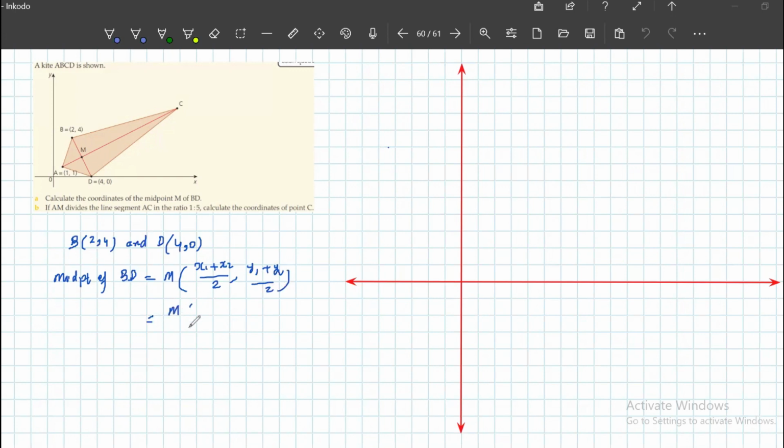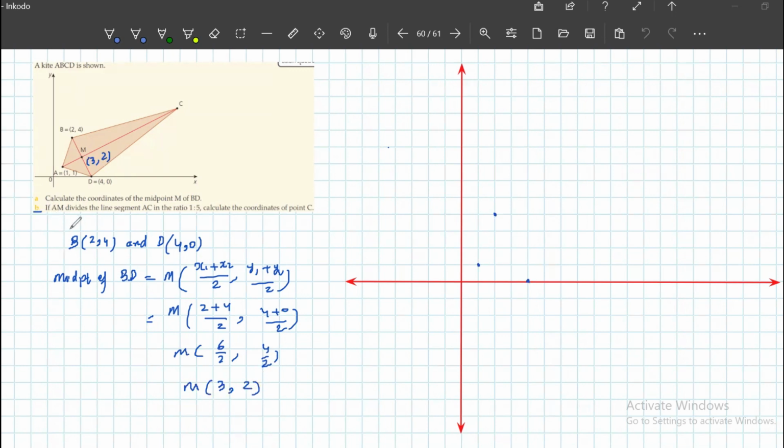So this is equal to 2 plus 4 over 2 and 4 plus 0 over 2, that is 6 over 2, 4 over 2, which is equal to 3 comma 2.